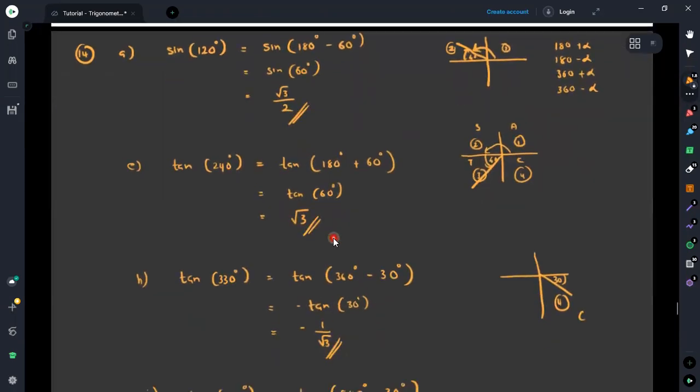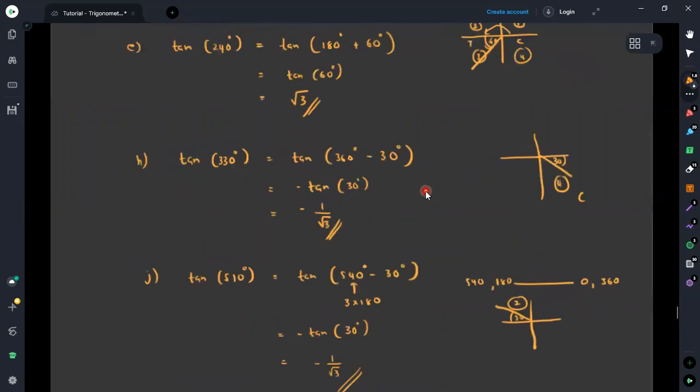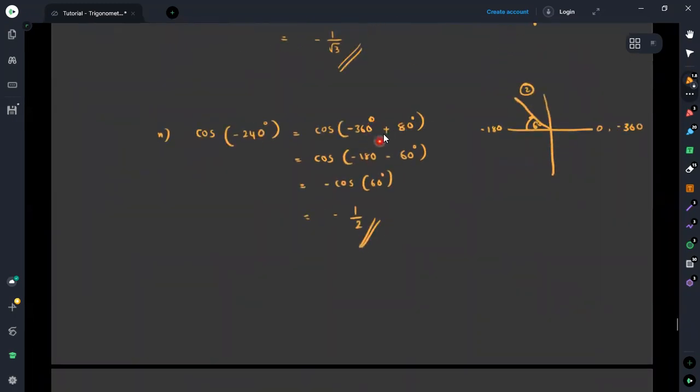Therefore, this is how we use the concept of the associate acute angle along with the commonly used trigonometric angles. Combining them, we are finding the values of sine, cosine, and tangent of angles which we consider as obtuse angles. Using the concept of the associate acute angle, we can easily find it.